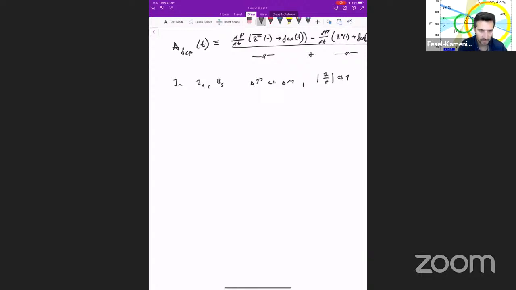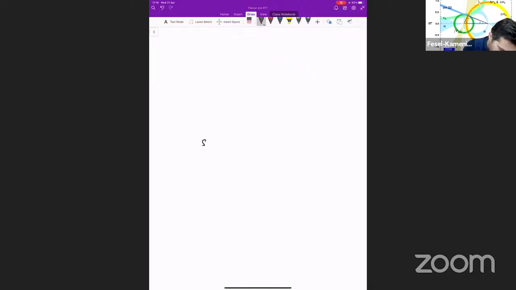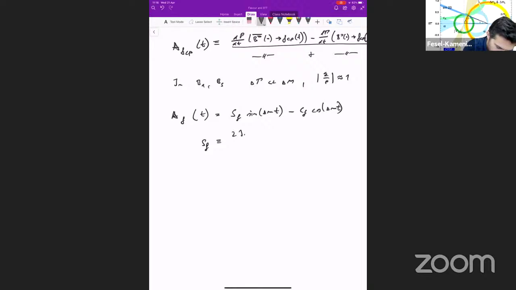But because of this hierarchy of the parameters, one can define this time-dependent CP asymmetry, especially for the B_d system, by neglecting all terms proportional to ΔΓ and parameterize it in terms of only two parameters: S_F times sin(Δm t) minus C_F times cos(Δm t), where S_F is defined as 2 times the imaginary part of λ_F over 1 plus modulus λ_F squared, and C_F is defined as 1 minus modulus λ_F squared over 1 plus modulus λ_F squared.